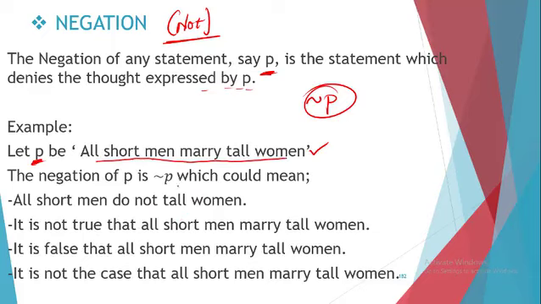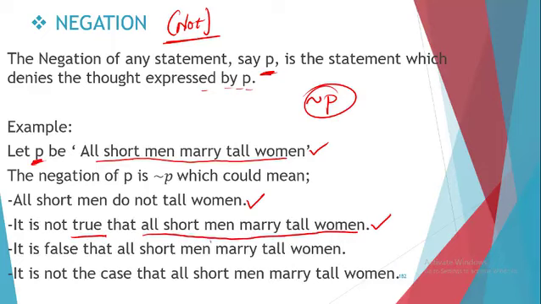The negation of P would then be all short men do not marry tall women. We can as well have it to be: it is not true that all short men marry tall women. It's just saying the same thing.